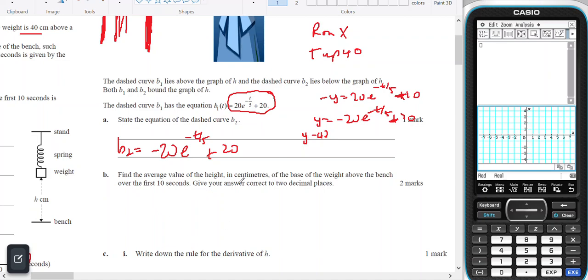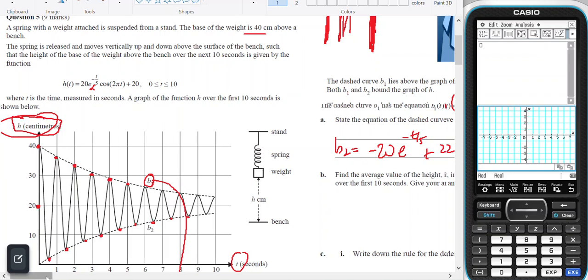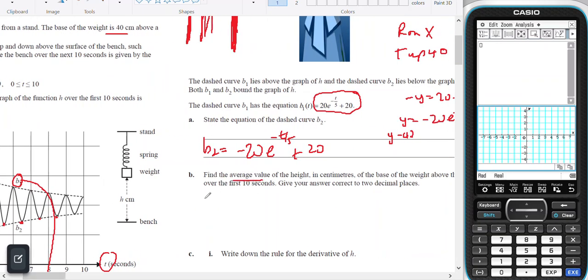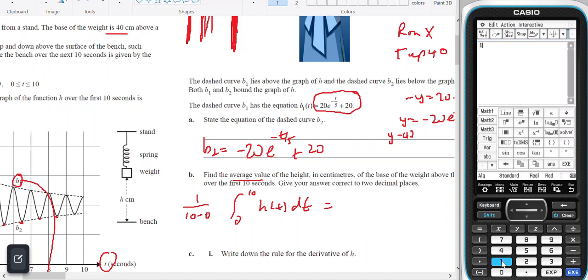Now to find the average value of the height. So this is the height. The average value of the height for the first 10 seconds uses the average value rule, which will be 1 on 10 minus 0, integral from 0 to 10 of h of t dt. That should give me the average height. On my calculator, that's 1 divided by 10 times the integral from 0 to 10 of the function.